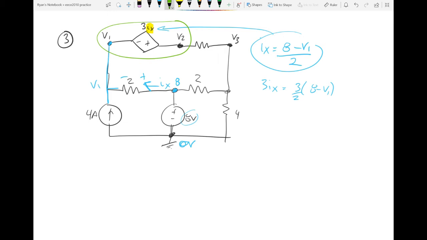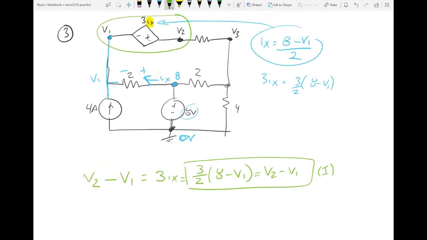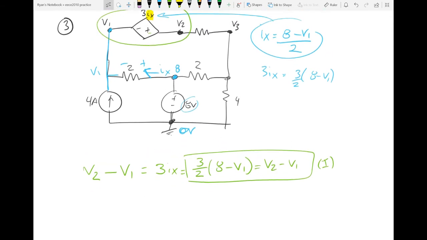So the first equation you can get from this is you know that the plus side, which is V2, minus the minus side, which is V1, has to be equal to 3Ix, which we said is equal to 3 over 2 times 8 minus V1. Okay, so that's equation 1. And again, you have to get these into proper form probably, just so they're easier to recognize.